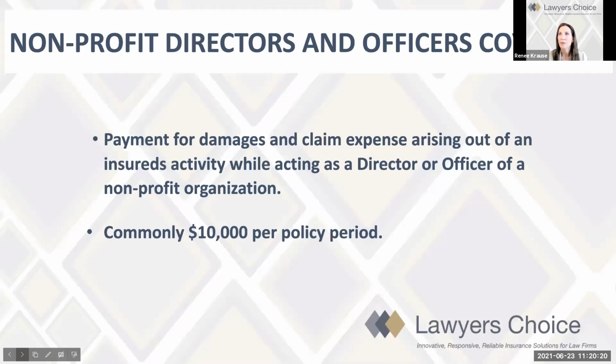So it's payment for damages and claim expense arising out of an insured's activity while acting as a director or officer of a nonprofit organization. And it's commonly about $10,000 per policy period.